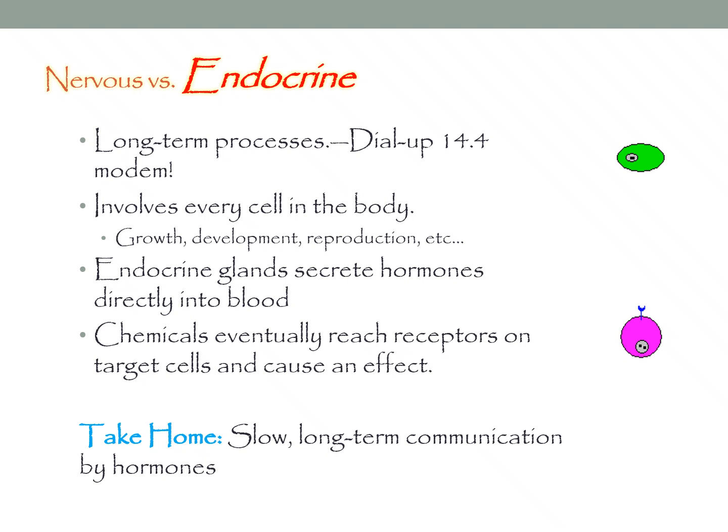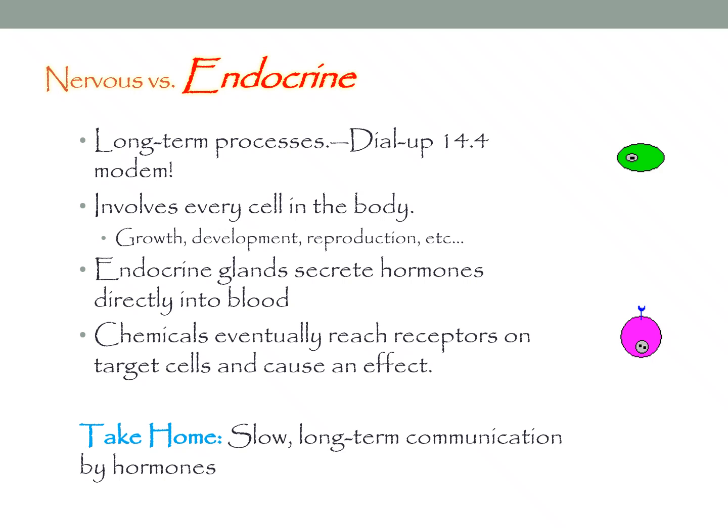In comparison, we have the endocrine system, and you'll see up top how endocrine is in bold. Now, unlike the nervous system, the endocrine system is a slow-moving process, right? We say it's for long-term processes, like the dial-up modem we spoke of. The endocrine system actually involves every single cell in the body. The nervous system does not have the ability to speak with every cell in the body.